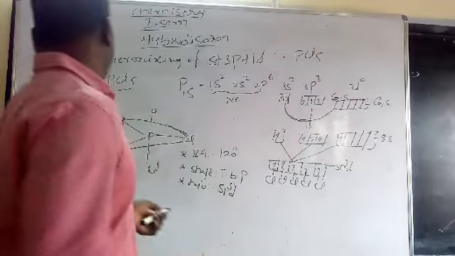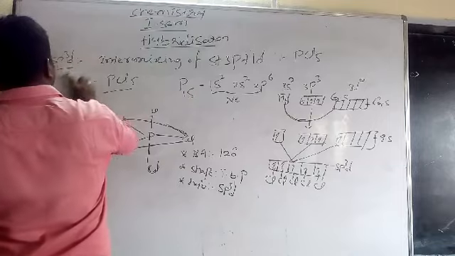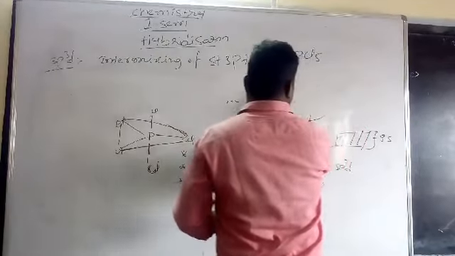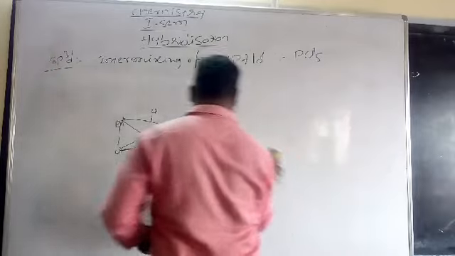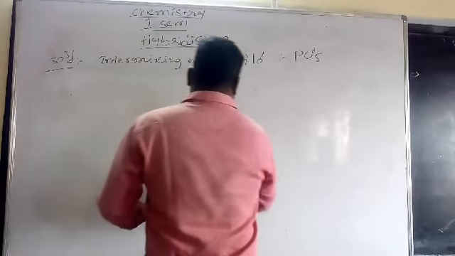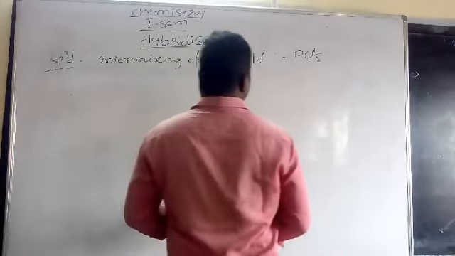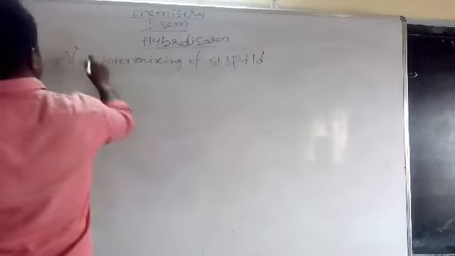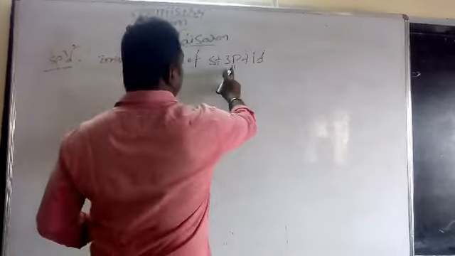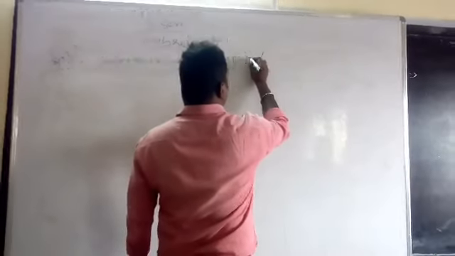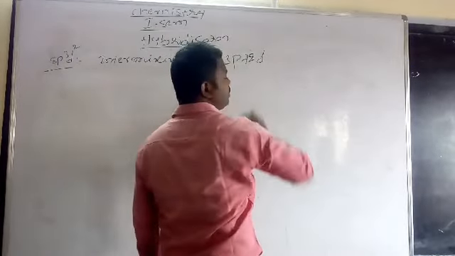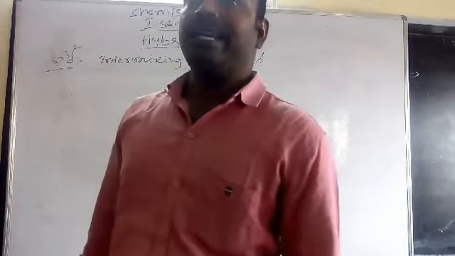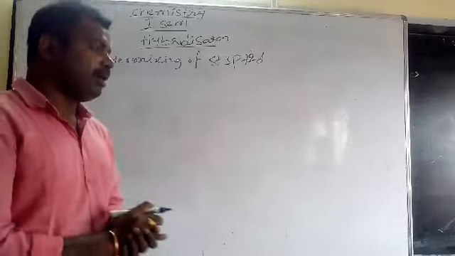Next topic is sp3d2 hybridization. sp3d2 hybridization means intermixing of one s orbital, three p orbitals and two d orbitals combined to give new equivalent sp3d2 hybrid orbitals.